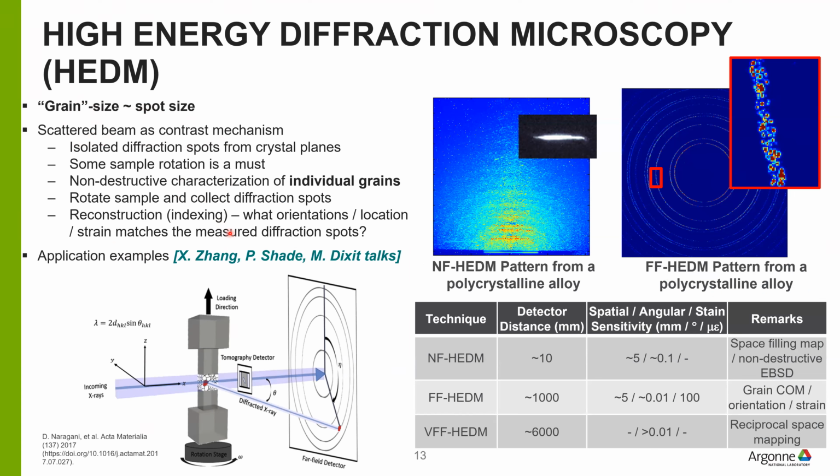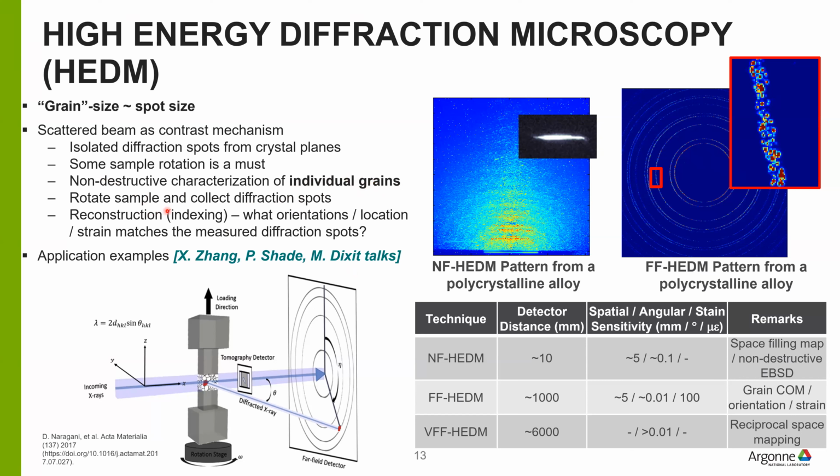In this case, you have a very isolated, very sparse pattern because diffraction is very selective. What you're trying to get is attributes about individual grains. So far we've been talking about the aggregate or average of grains and their attributes. Now we're talking about individual grains.